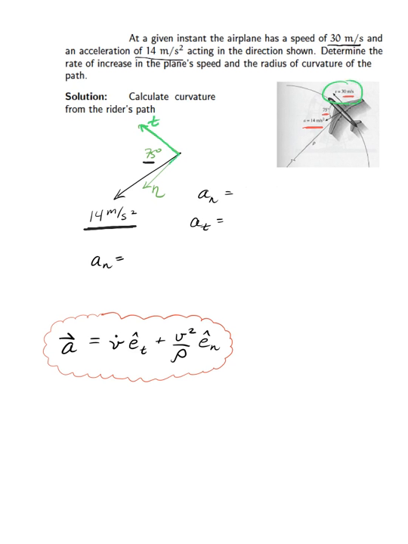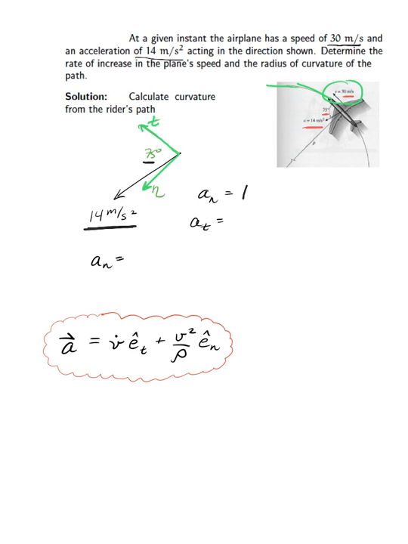The normal is orthogonal to it, and it's in the direction of the change of the tangential. So if we look ahead, we see that the circular path has the tangential changing sort of to the left. So basically the normal ends up going always to the middle of the circle. So we're going to take this acceleration vector and do a little trig with it.